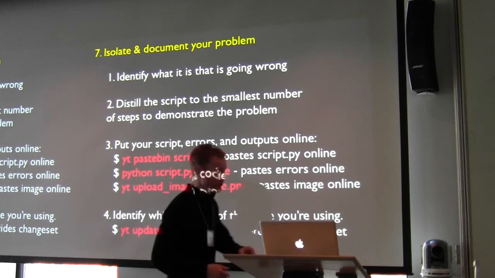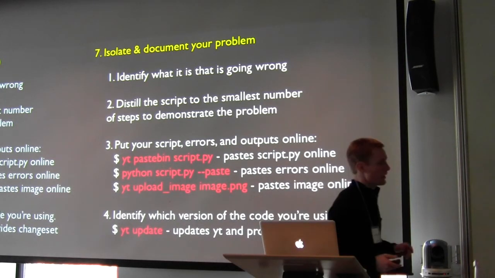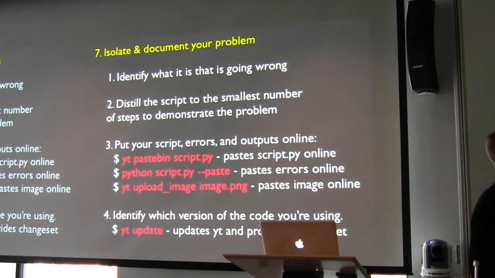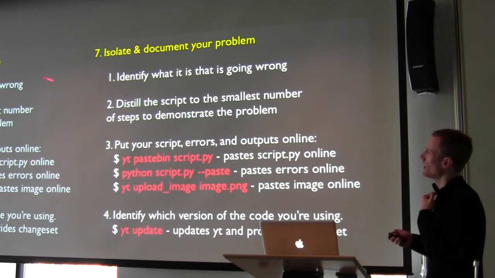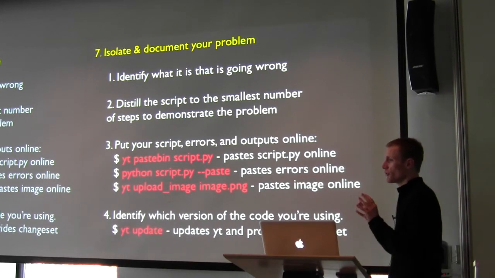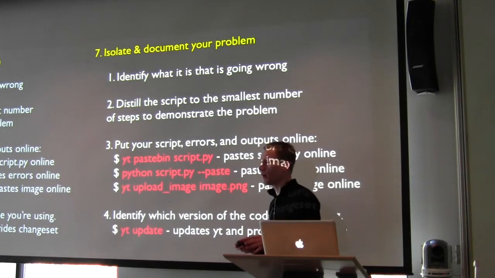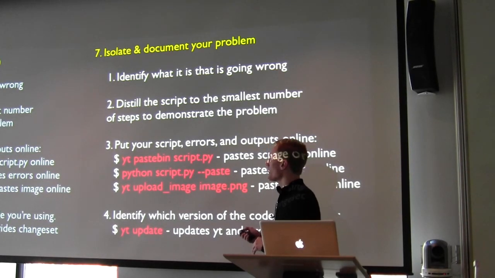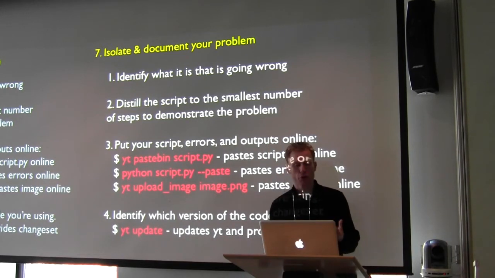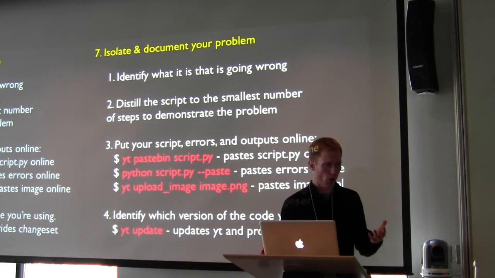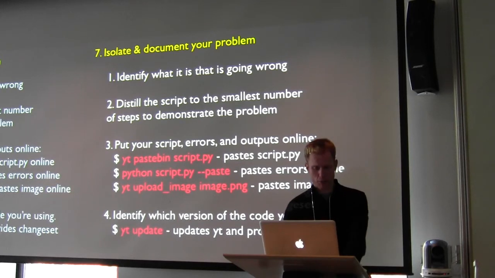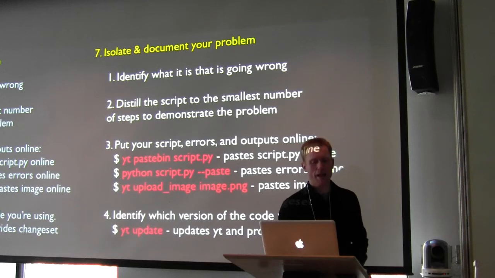So the thing to do, and oftentimes I find this very useful in really distilling it in my mind, is identify what's misbehaving, distill down a script to just the bare bones that can reproduce that bug or error, and then you can put the script and the errors online very easily in a public place by using this yt pastebin command, or the paste flag, or even this upload image thing.